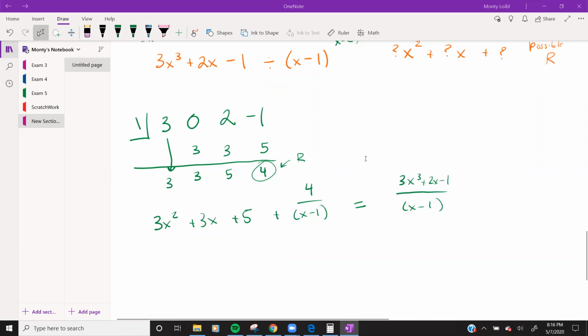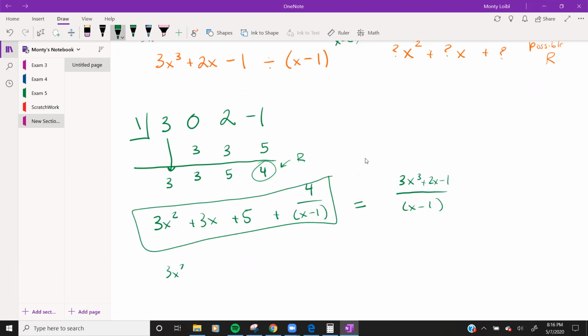You don't put the 4 down, the remainder? The remainder is here, 4 over the divisor of x minus 1. But this right here is one way to write the solution. I think on the answer key he has it written as this, and then your remainder term of 4. So there's another way to write it.